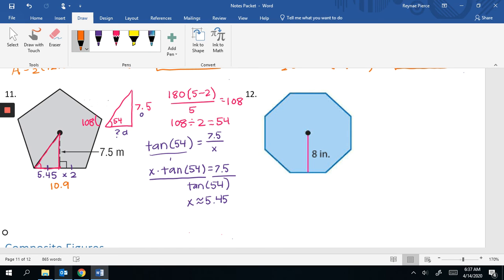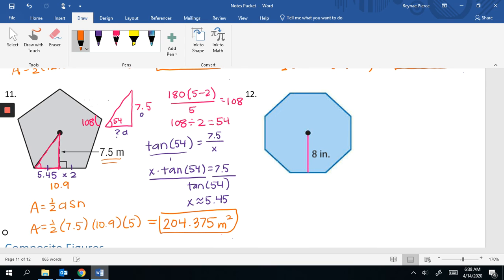So we're going to use that and the apothem that we were given to find the area of this pentagon. So 1/2 times the apothem times the side length times the number of sides tells us that the area of this pentagon is about 204.375 square meters.